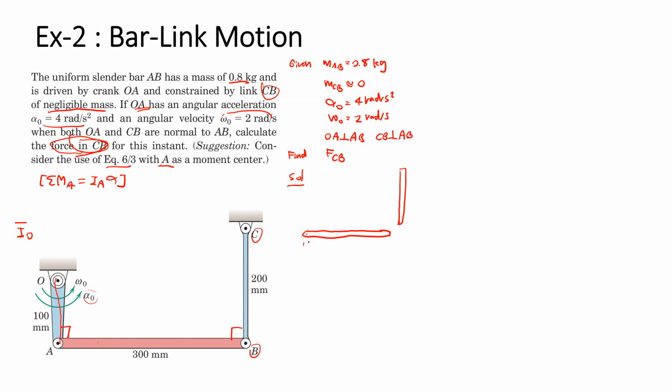We have A, we have B, and at this point we have B and C. Seeing by eye, you can see the CB is a two force member because mass of CB is 0 and we don't have any moment applied on CB.